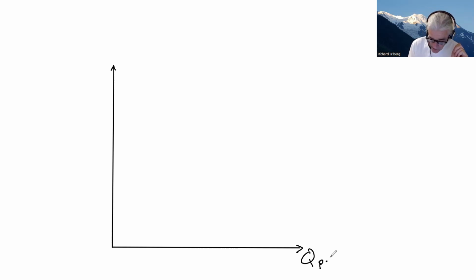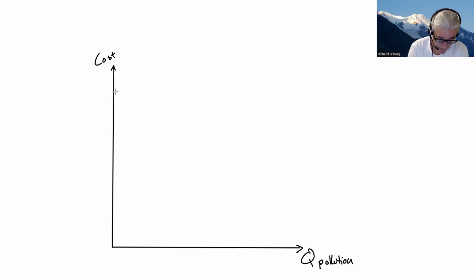So if we have quantity of pollution on the horizontal axis, and cost in euros on the vertical axis, we could look at the situation of two firms that differ in their cost of limiting pollution.